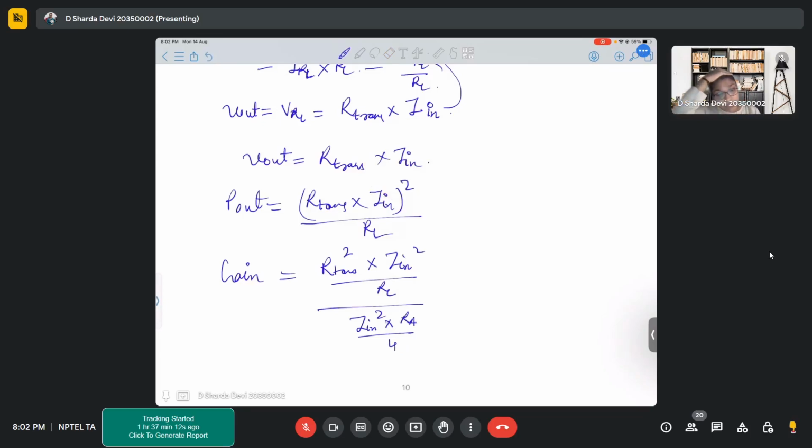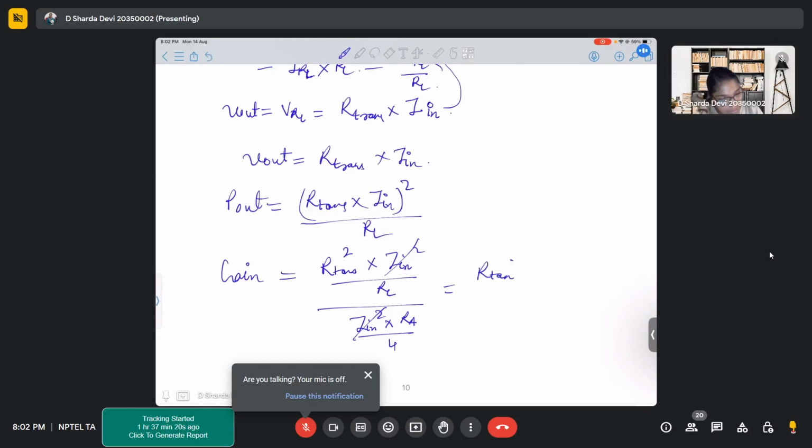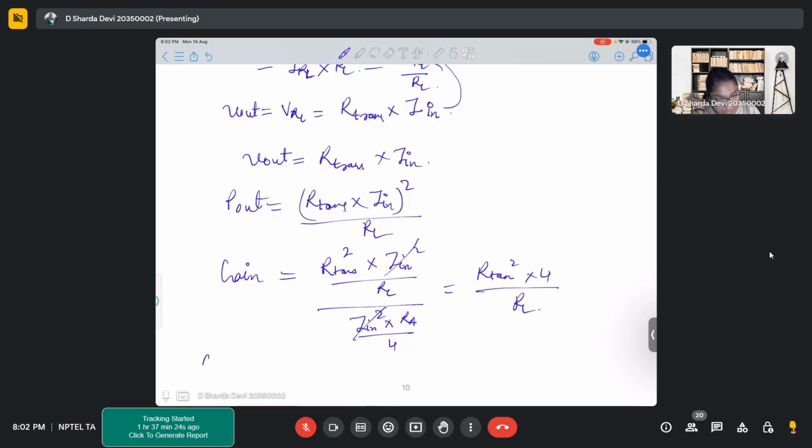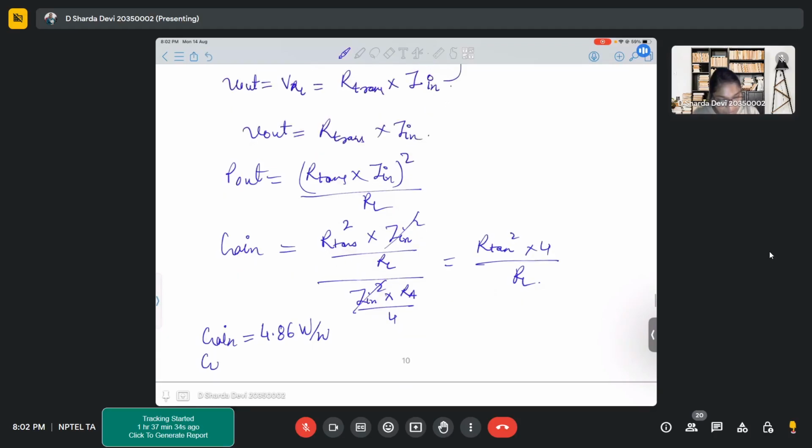Yes. So here IN square cancelled. You have R trans square into 4 by RL. So the gain that we get is 4.86 watt by watt, and gain in dBs is 6.86 dBs. This is the gain that we get.